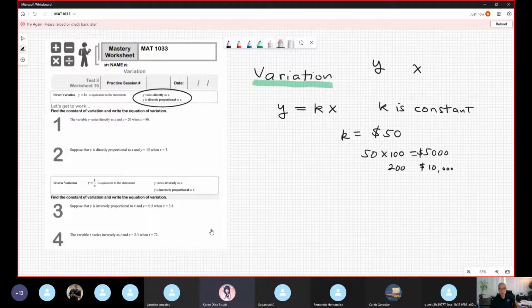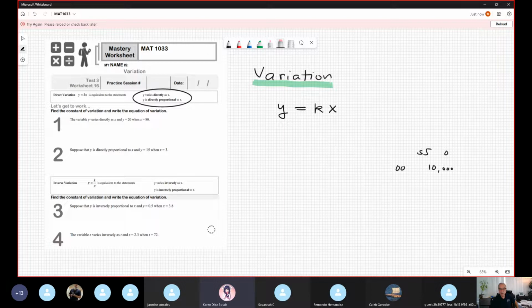It's when x, the independent variable, increases, and y, the dependent variable, increases also, in such a way that the division y over x is always constant. This constant is called the constant of variation. This is just the definition, just the name, no big deal.